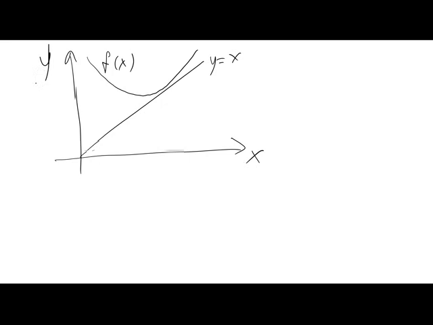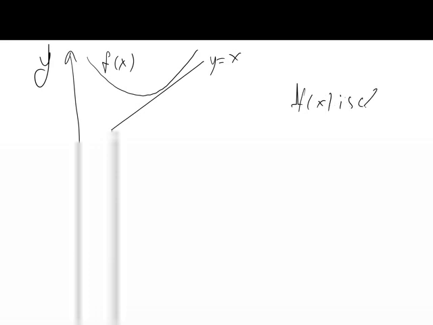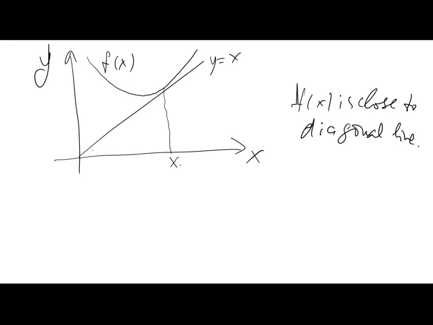Now what we want to do: if f of x is close to the diagonal line, somewhere here, and this value I will call x naught.